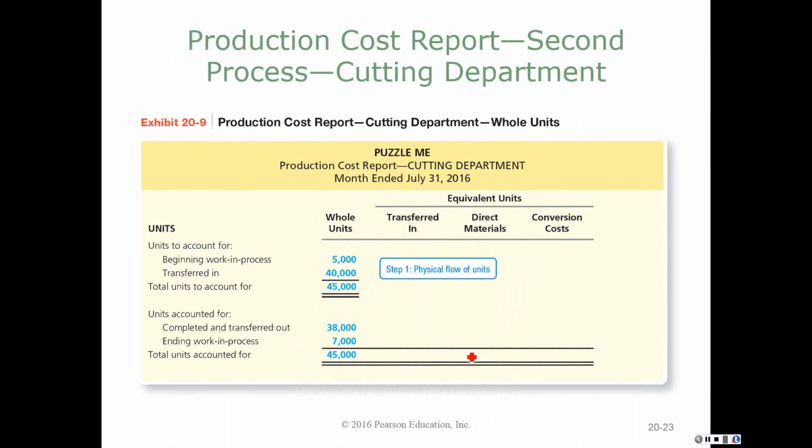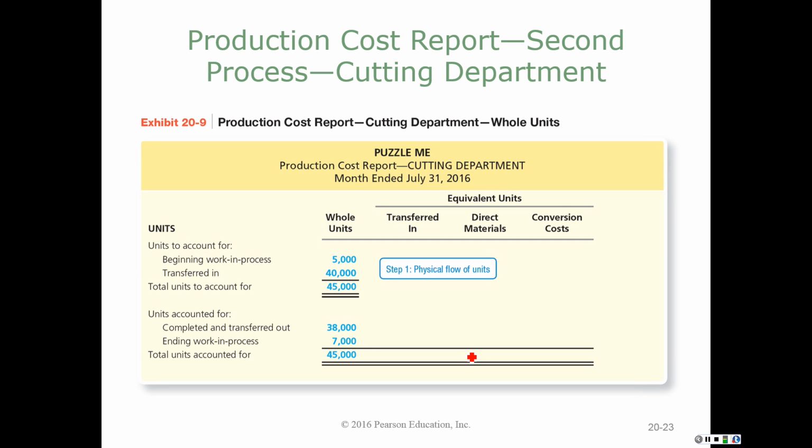Okay, I know that's a lot of information about equivalent units for the assembly department, so I want us to take a brief break. Go back, make some notes if you would like, flip back through your text to try to get an understanding of how we track units, equivalent units, and cost, and then how we transfer those costs to the next department.